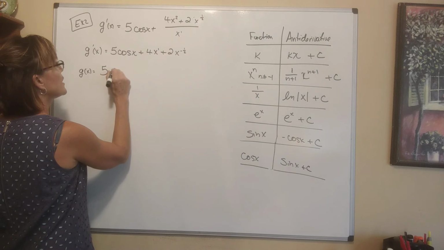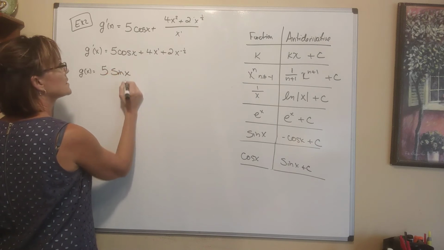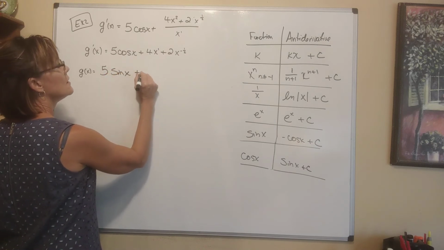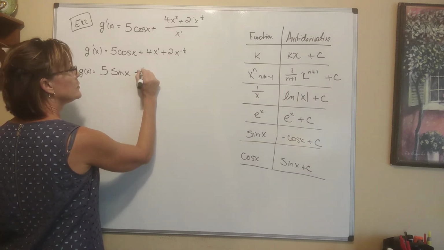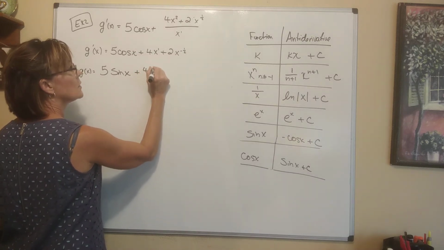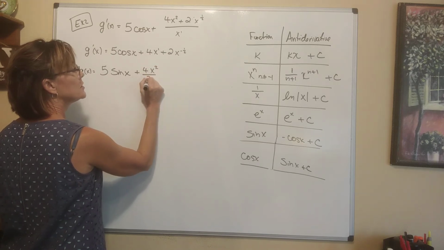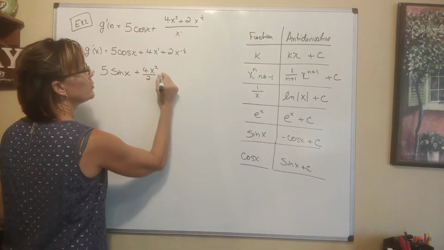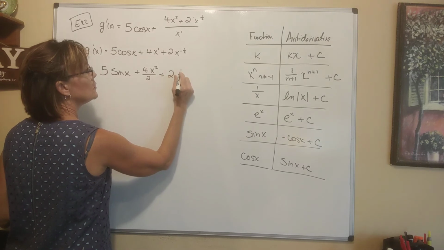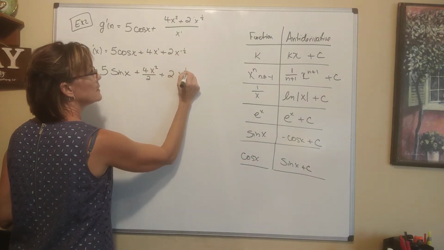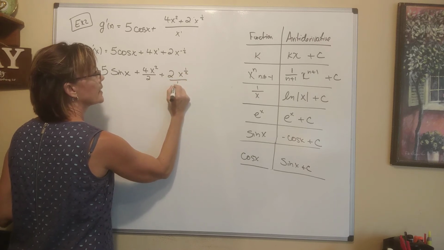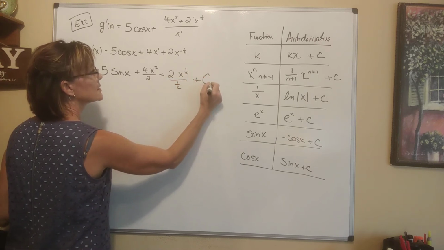So 5 times the sine of x plus 4 times x to the 1. What we would do is say 4x to the 1 plus 1, x squared, divided by 2. That is the power rule, plus 2x to the negative 1/2 plus 1, or x to the 1/2, divided by 1/2, and then plus some constant c.